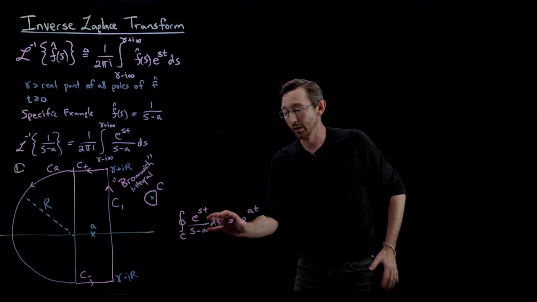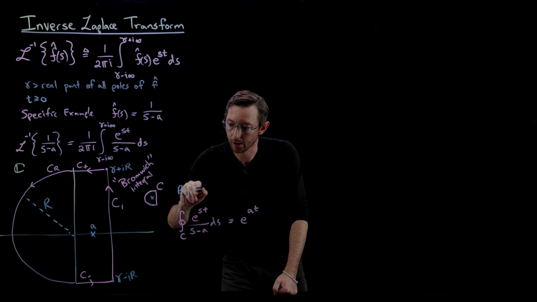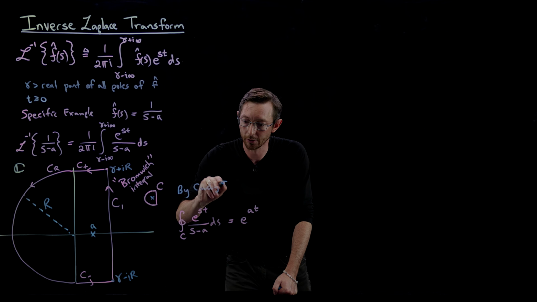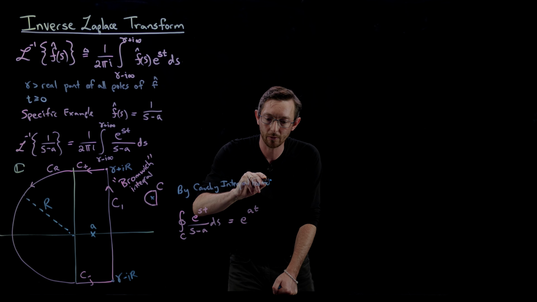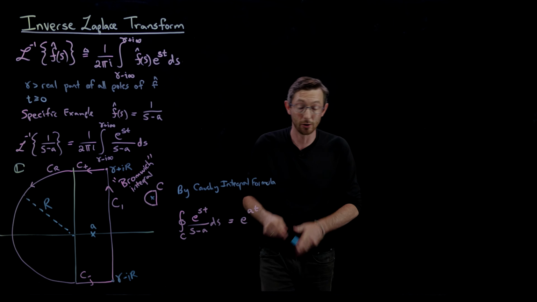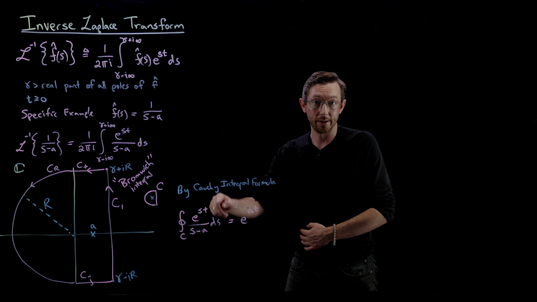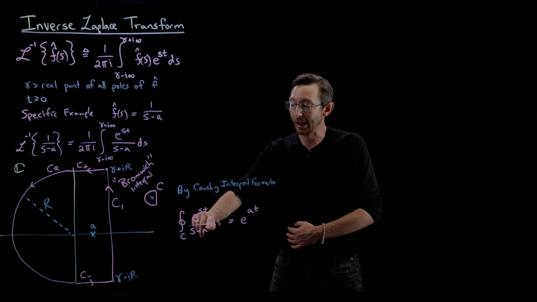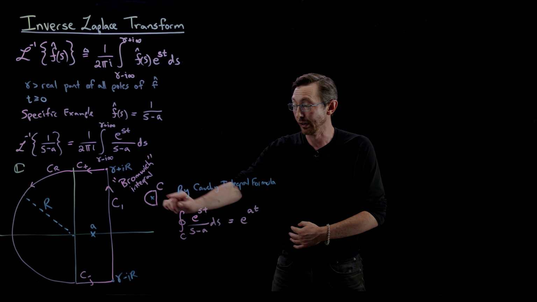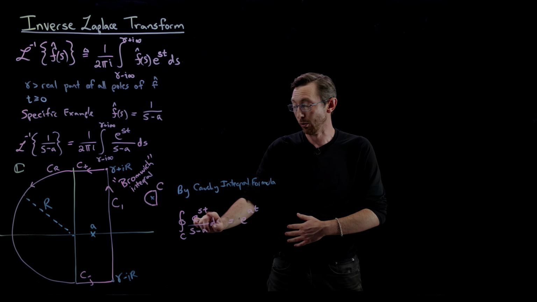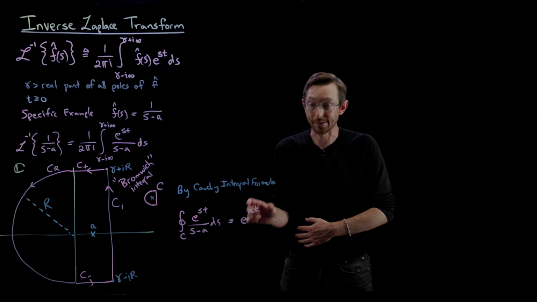Now I'll just refresh what this is, by the Cauchy integral formula, which I believe I showed you just a couple of lectures ago. It says if you're integrating an analytic function in the complex plane divided by a simple pole, s minus a or z minus a, in a closed contour surrounding that pole, I take the analytic function and evaluate it at the pole, and that's my answer.